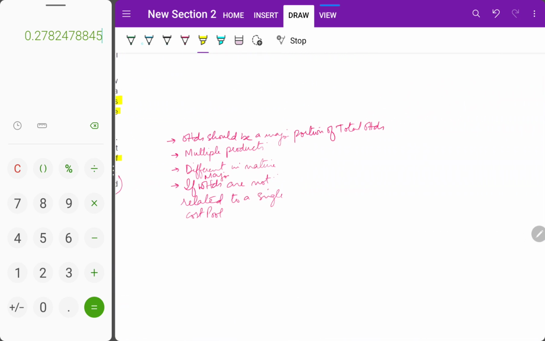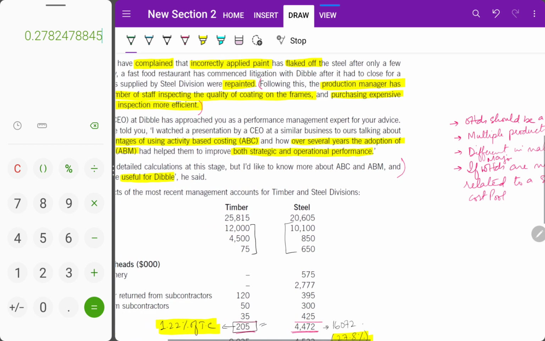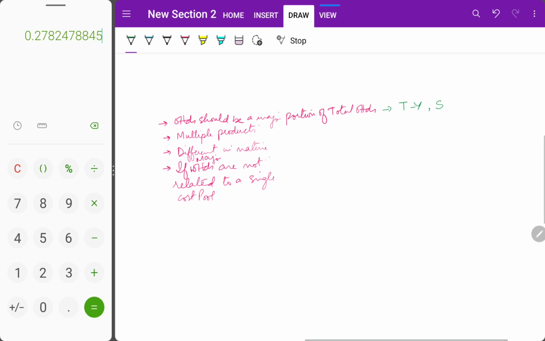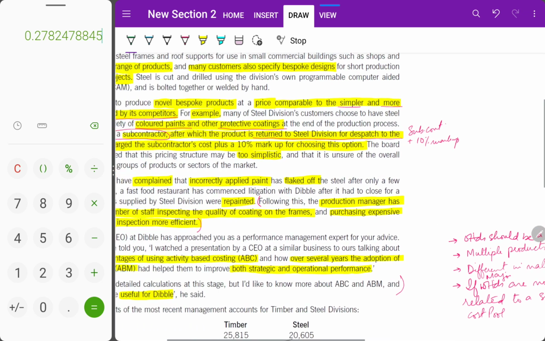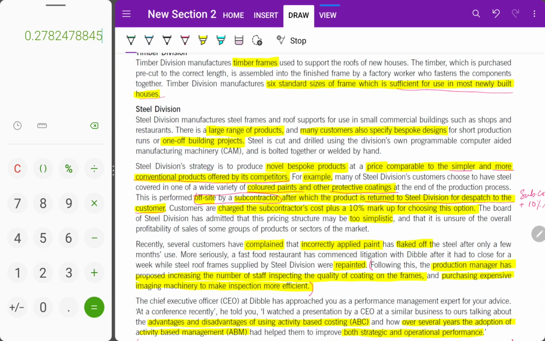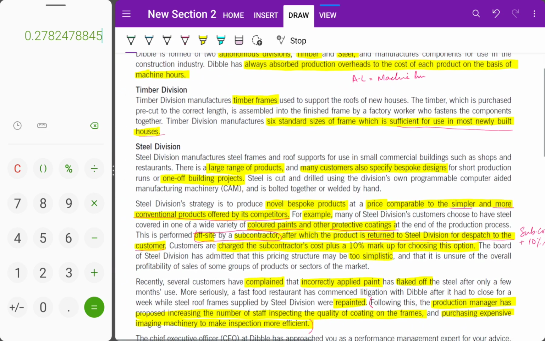So let's try to write it here. For timber division, it's no. For steel division, it's yes, right? And then if the company is manufacturing multiple products, okay fine, is timber division manufacturing multiple products?